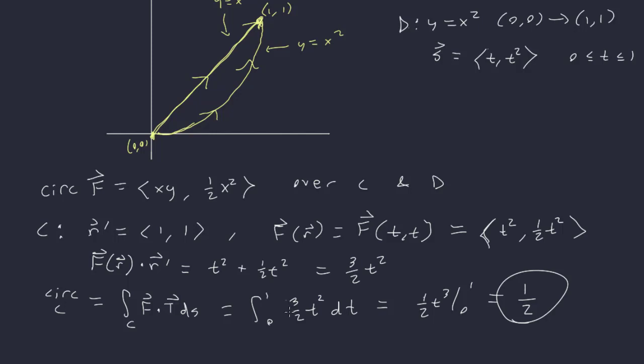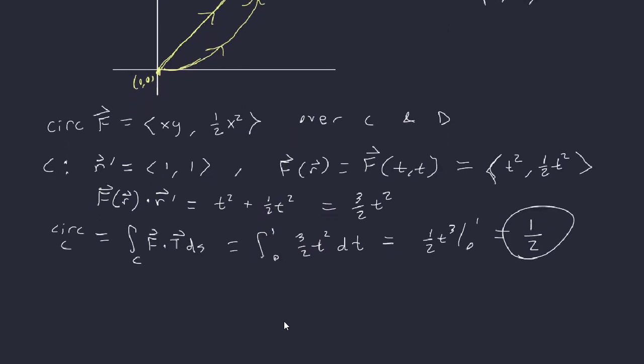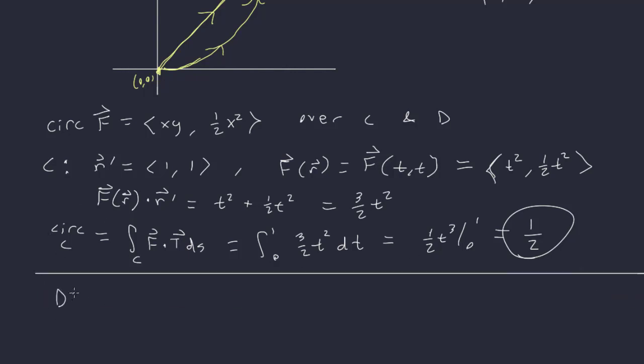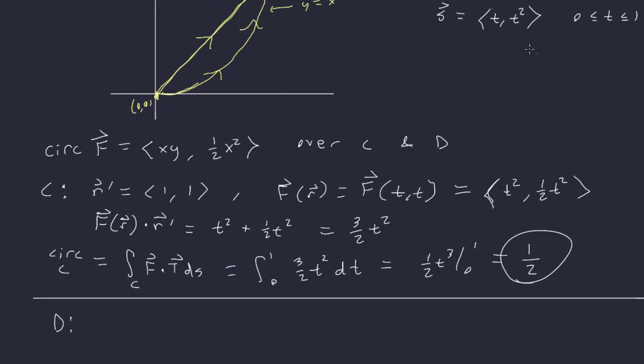All right, so now let's take a look at the circulation of F over D. So D, let's see if it's still on the screen there. There's our S. All right, our S is (t, t squared). So what we need is our S prime, which will be (1, 2t). Okay, then we need our F of S. So that's going to be F of (t, t squared).